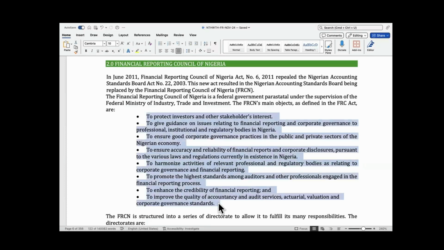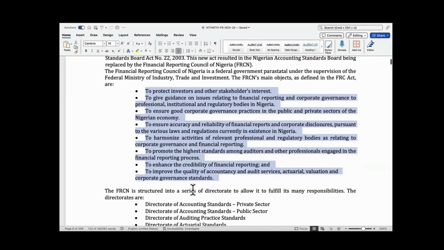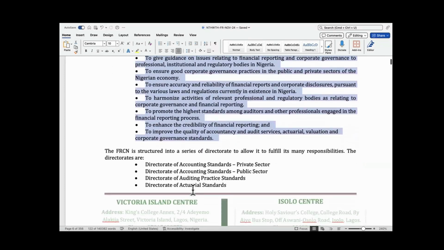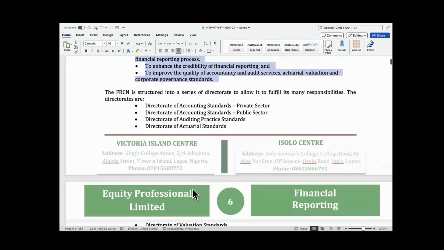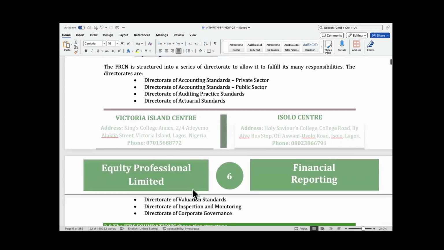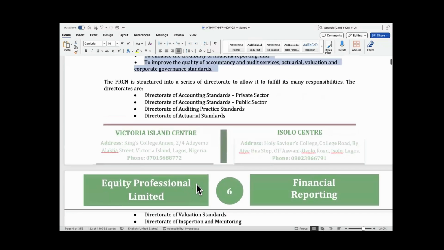The maximum ICAN can ask you in the exam is 4. Knowing 6 is not bad. You can even know everything if you want to. So those are the objectives of the FRCN. And they have departments, which they call directorates.